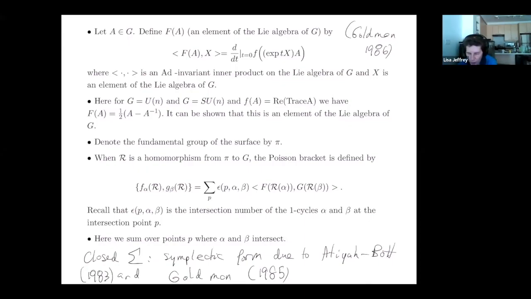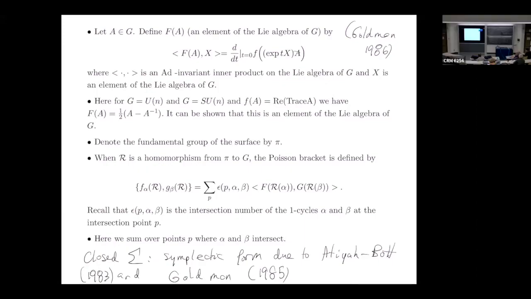So you're probably wondering why. The ingredients in this construction are that you are choosing a function, the function little f, and you're also choosing the Killing form, which could be multiplied by a constant scalar.